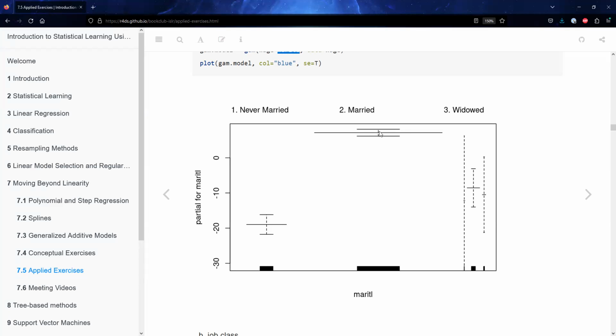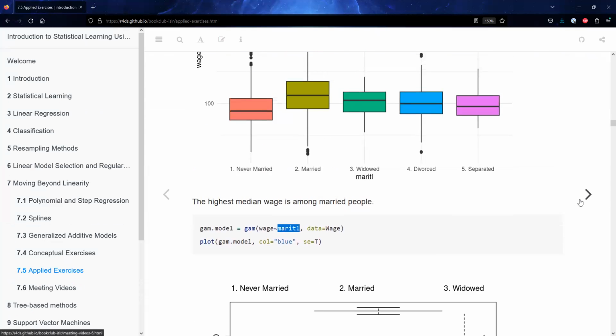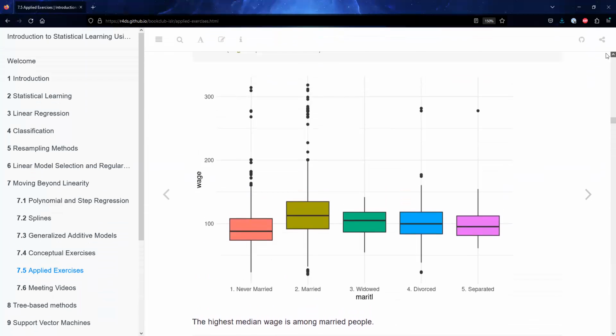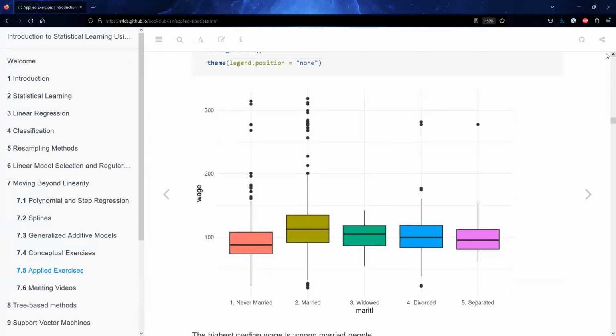For married, we actually have a pretty assured small confidence interval band, or error bars. But for the widowed category, we are seeing some very large error bars, which might not fit our intuition from the data itself.